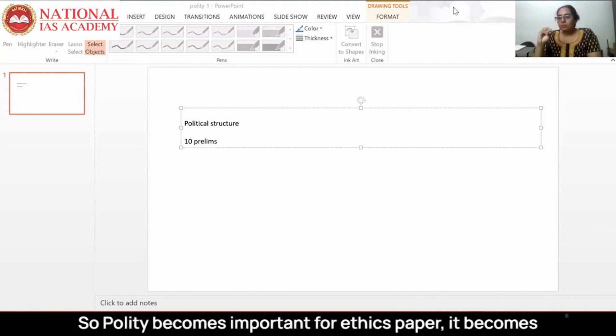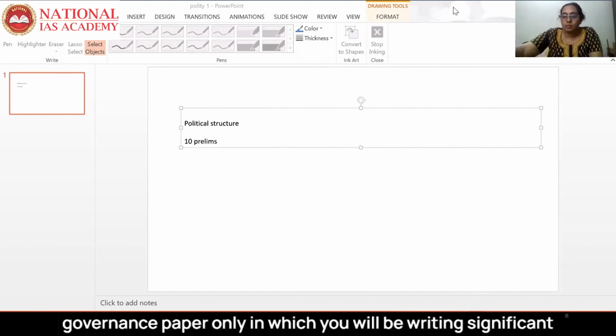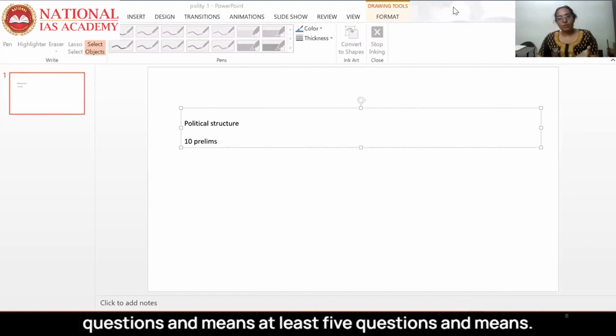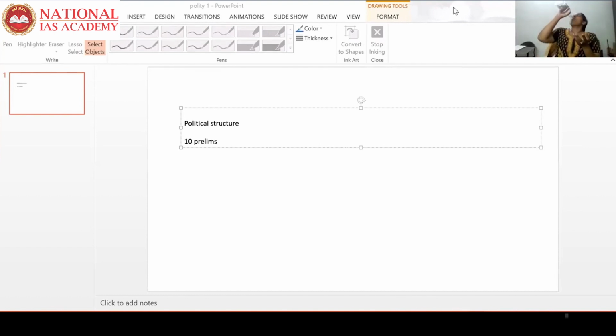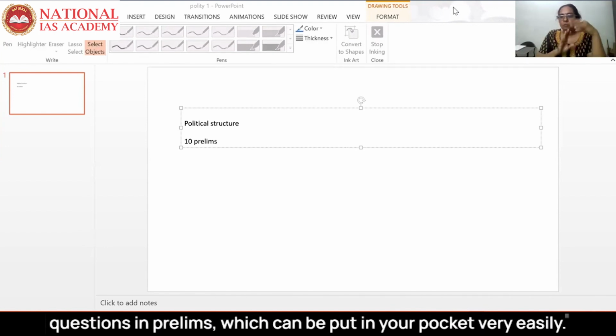So polity becomes important for the ethics paper, it becomes important for the essay paper, and you have your entire polity and governance paper, in which you will be writing significant questions in mains, at least 5 questions. So we are looking at a comfortable 75 marks in mains, and 10 questions in prelims, which can be put in your pocket very easily.